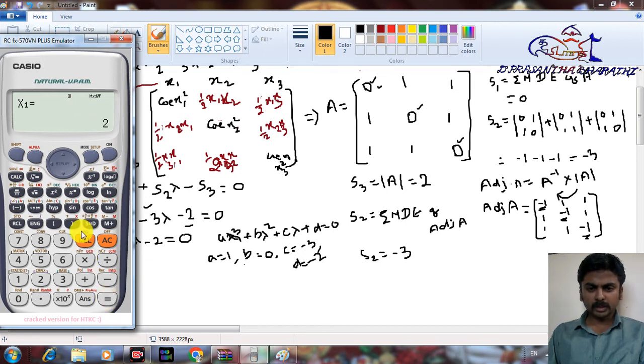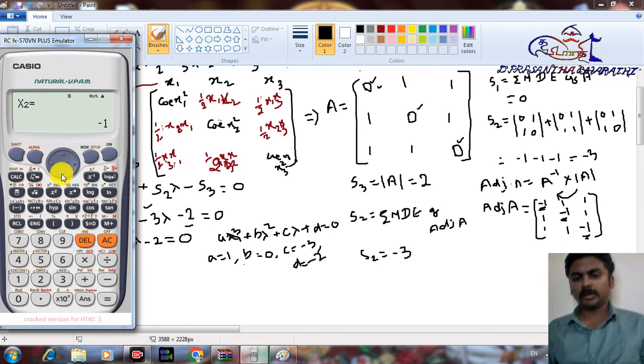So x1 equal to 2, x2 equal to -1. So we are having only two roots in this Casio calculator.